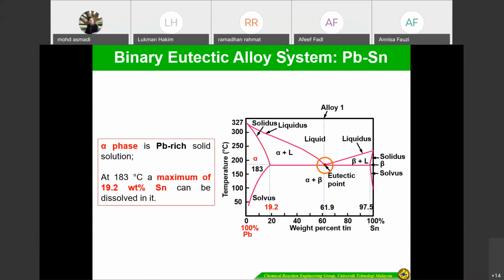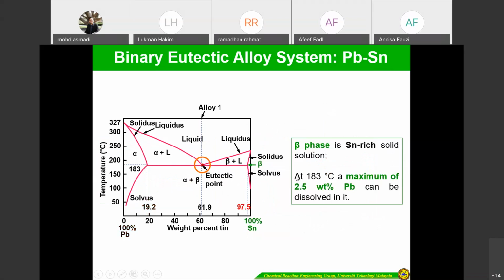How about the beta phase? This is stannum-rich, and only 2.5% of plumbum can dissolve in stannum, because it is 97.5% stannum.